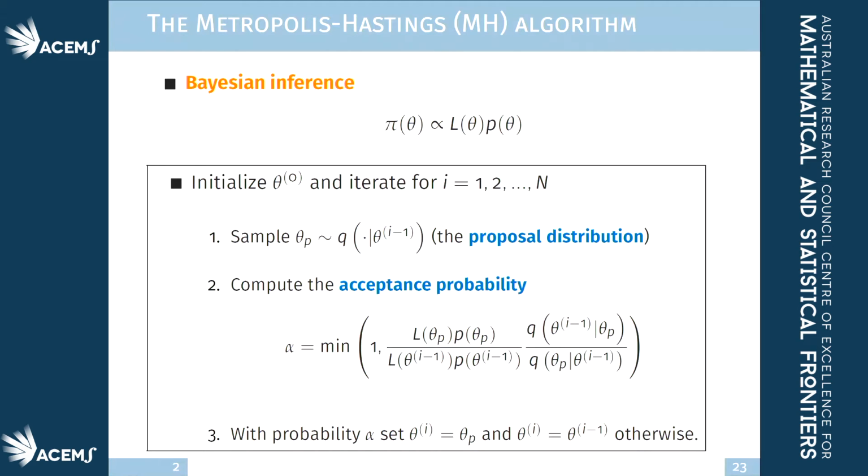Theta p minus 1 is your previous iterate, and then there's magic in Metropolis Hastings because you correct for any errors by computing the acceptance probability. So with probability alpha, you set the new theta to the proposed theta, and you set the new theta to the previous iterate otherwise.